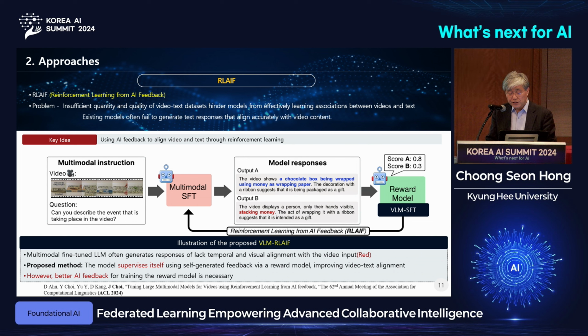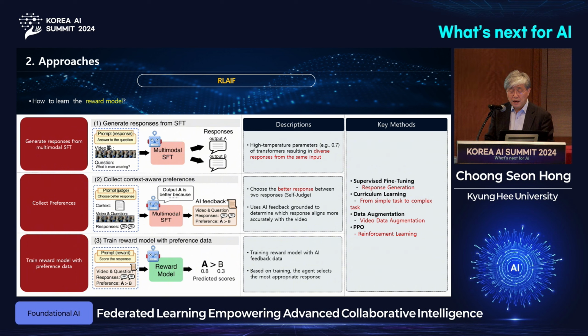The key idea of RLAIF is to use AI feedback to better align video and text through reinforcement learning. Using this approach, we train the multimodal SFT model, which we call VLM-RLAIF, to achieve much better alignment between video and text.